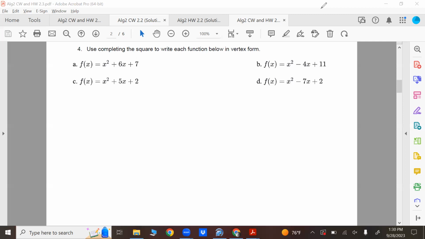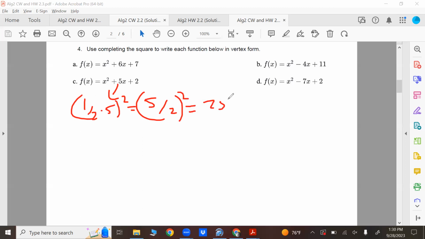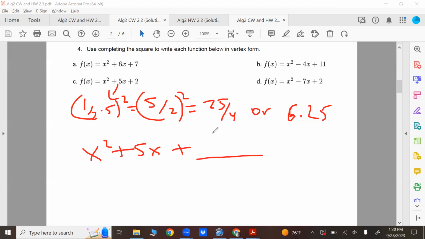Here we go. So you take half of 5 and square it. So you have 5 over 2 squared, which is 25 over 4, or 6.25. Some of you guys wrote 6.25. That's totally fine, but I'm going to stick with 25 over 4. So you have x squared plus 5x plus... Now, this part right here is the part we have to be really careful. 25 over 4 minus something has to equal 2, because you need all this to equal 2.